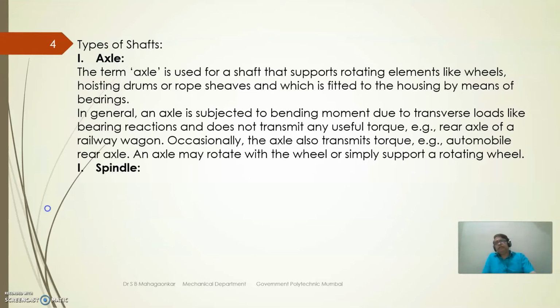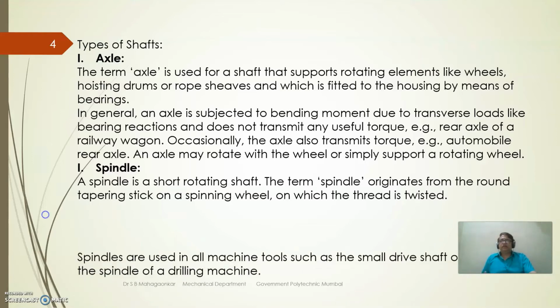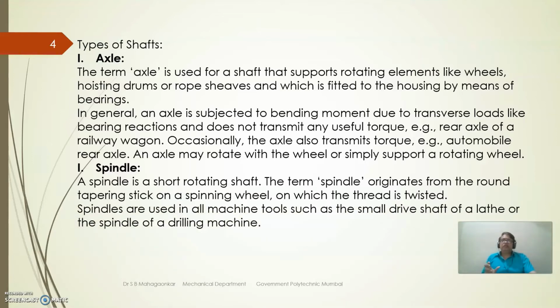The spindle. A spindle is a short rotating shaft. The term spindle originates from the round tapering stick on a spinning wheel on which the thread is twisted. Spindles are used in all machine tools, such as the small drive shaft of a lathe or the spindle of a drilling machine.